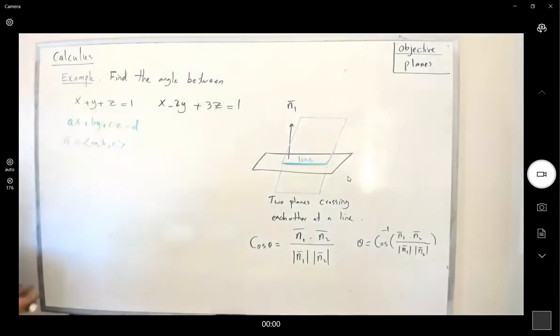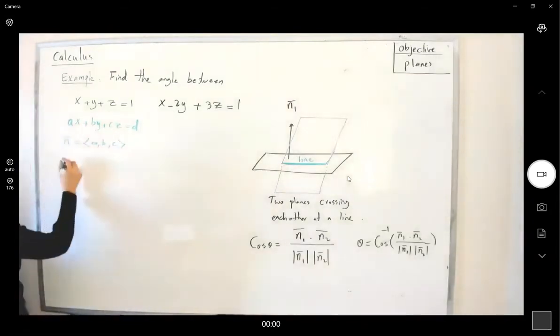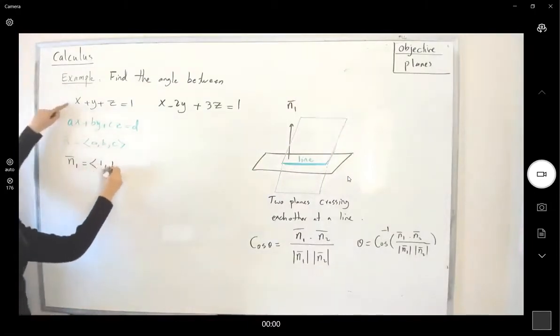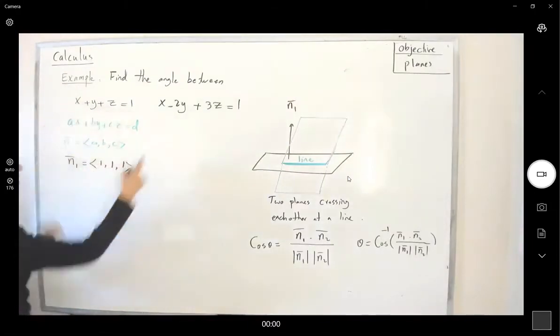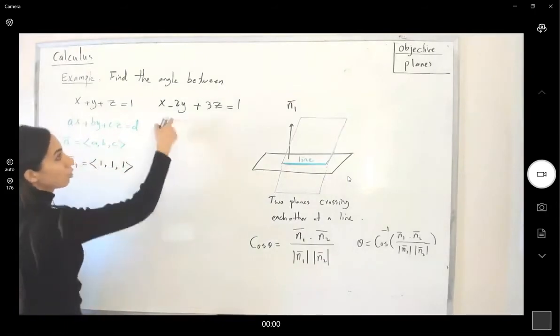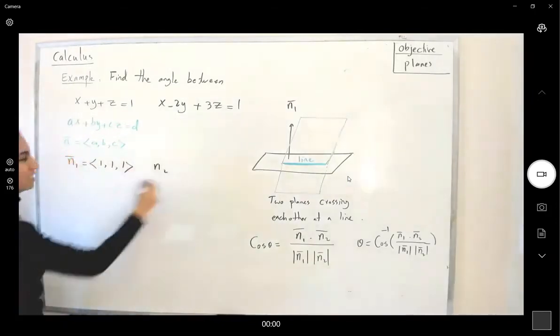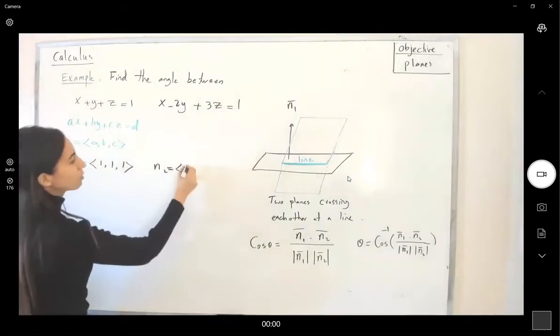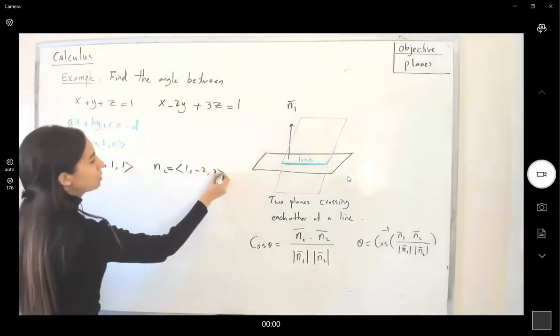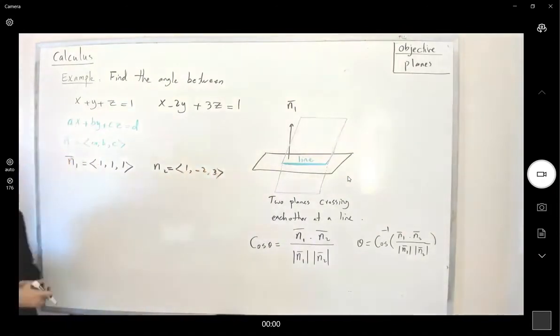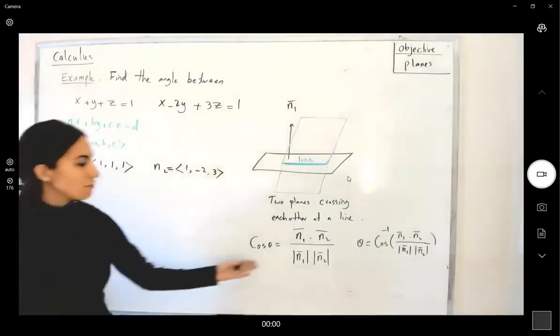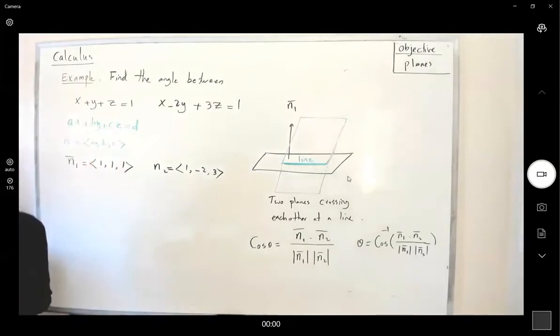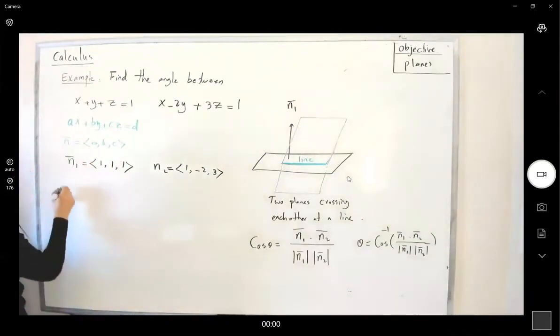So the normal vector for the first plane, n1, is 1, 1, 1. n2, the normal vector for the second plane, has components 1, minus 2, and 3. Well, we have the normal vectors. We have a nice formula to find the angle between these two vectors.